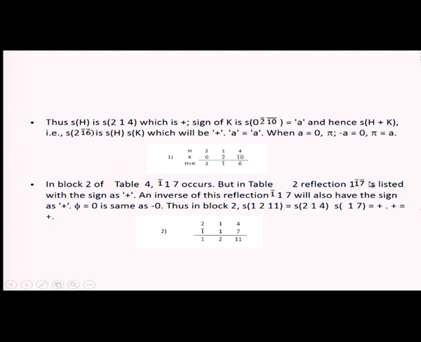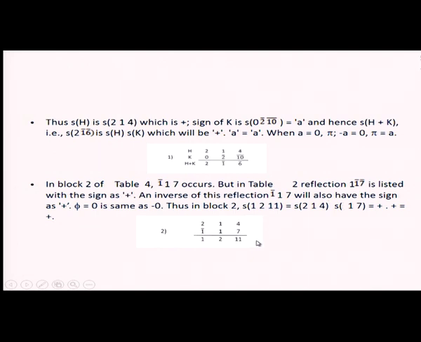Therefore, the sign of 1 bar 7 bar is the same as 1 bar 1 7, which is plus. Okay. 2 1 4 already we have as plus. Therefore, the sign of this will be the sign of this multiplied by this, I mean plus multiplied by plus is plus. So, I have found another new reflection 1 2 11 and its sign is plus.